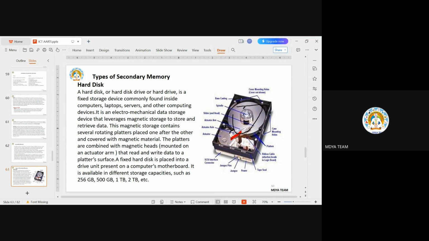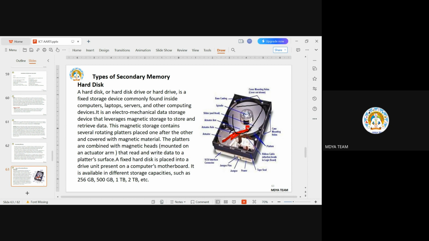These platters are combined with magnetic heads. There are magnetic heads that are mounted on the actuator arm. This is the arm, as we told you, and there is the magnetic head, so we can read and write data to a platter surface.